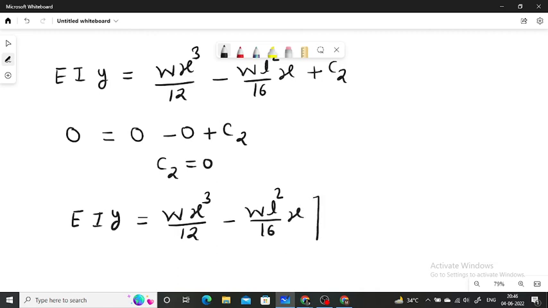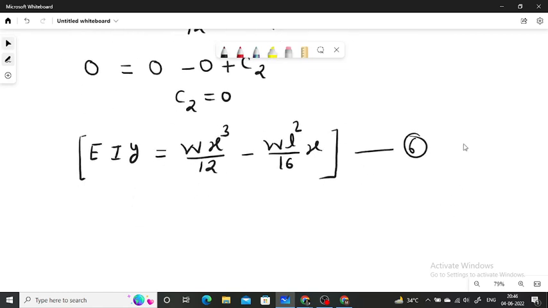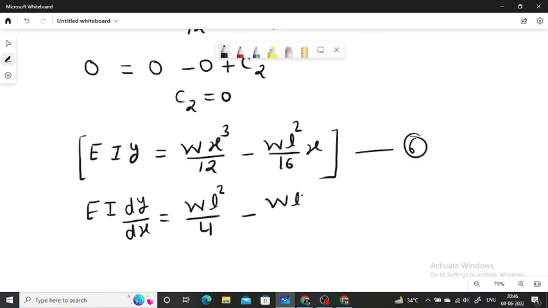This will be the deflection equation for the simply supported beam having a point load at its mid of span, and the slope equation will be EI dy by dx is equal to Wx square by 4 minus WL square upon 16.